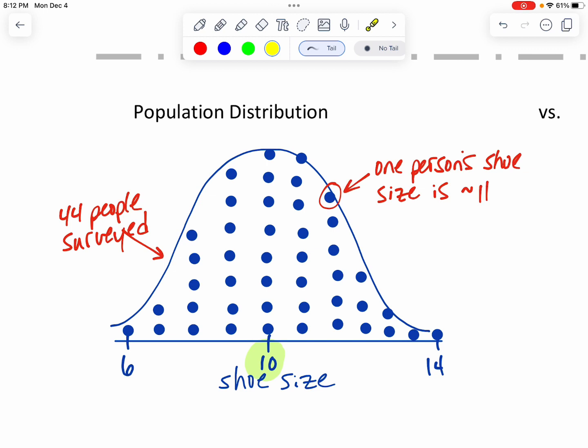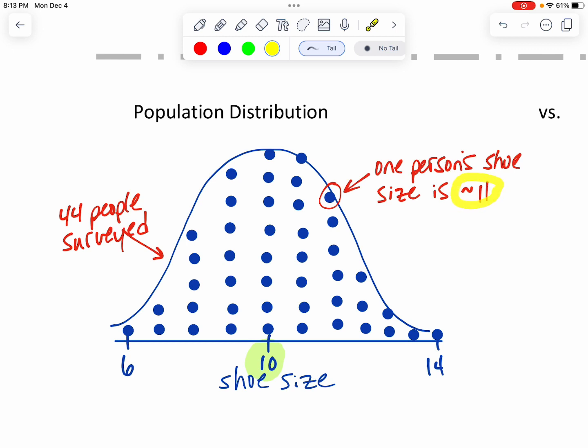And it looks like the average, center, mean/median, because this does look approximately normally distributed, is a size 10. Okay, and I need you to remember back from chapter 1 when we first started talking about dot plots. That's what this is. This dot right here represents one of my students, and it stands for that student's shoe size.